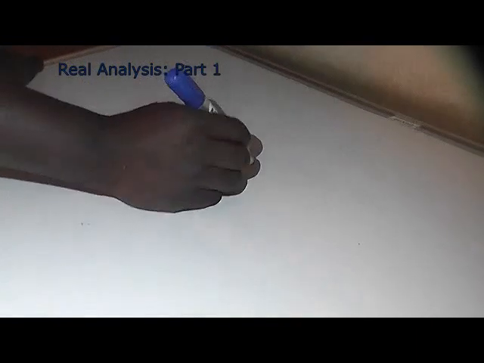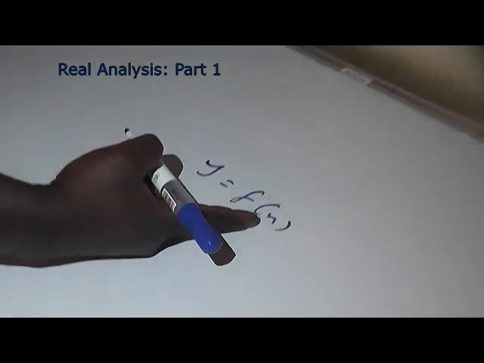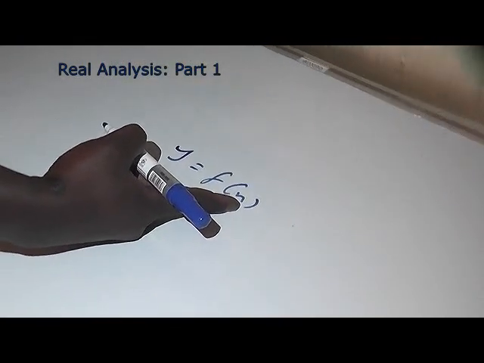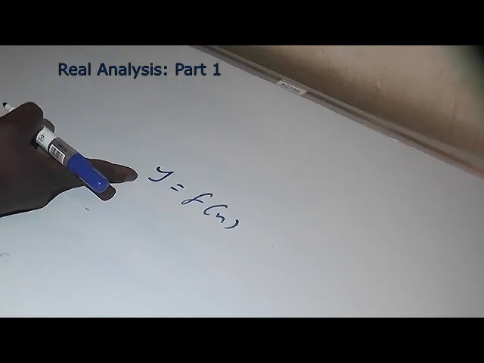Now functions. Functions y equal to f of x. For every unique x, there is a unique y. For x in the domain, there is a unique y in the codomain.